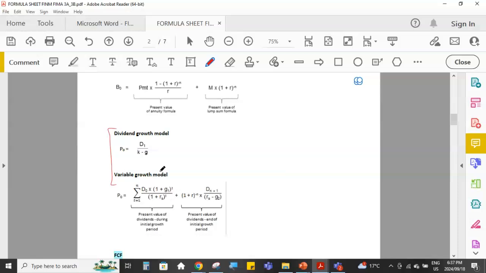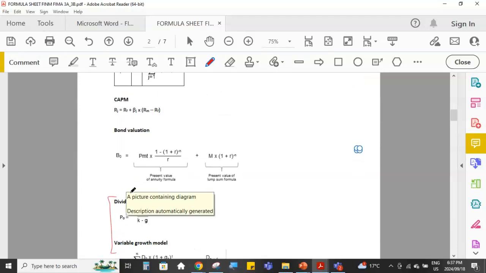The variable growth model is where the growth in the dividends is expected to be a certain level initially, and thereafter it will change and then remain stable. Depending on what information you've been given, you will use either the stable or the variable dividend growth model.